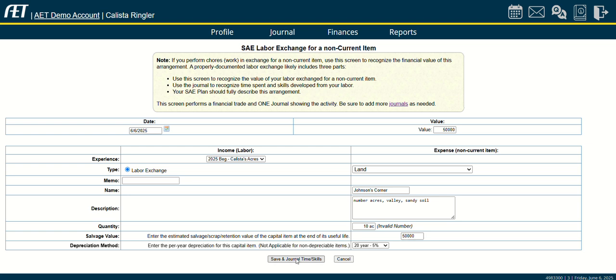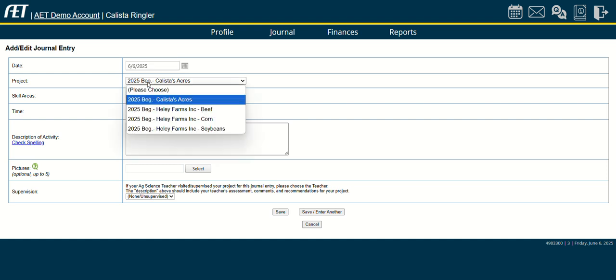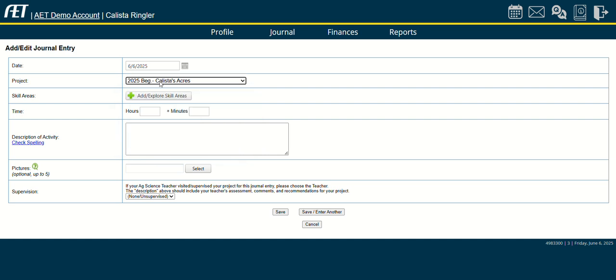If it lets us. There we go. Now it's going to pop up with a journal entry. It's going to keep the date the same, the project the same. We're going to have to add skills, hours, and descriptions. So for this case, for my operation, I worked on those 10 acres, maybe I put in 150 hours.